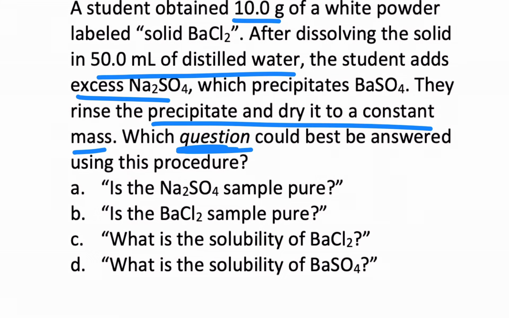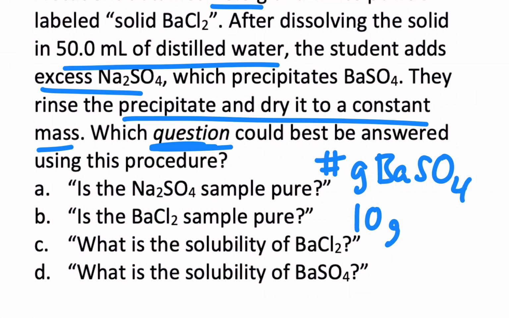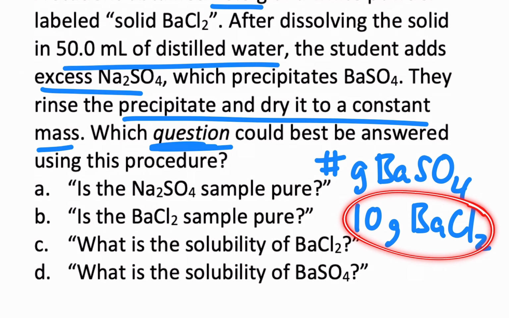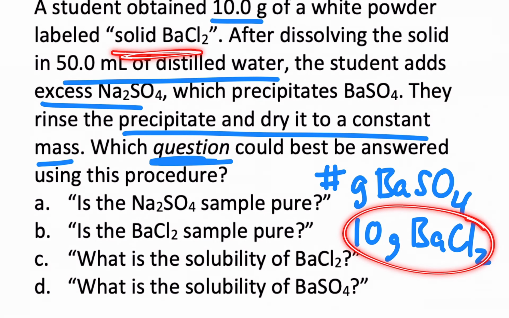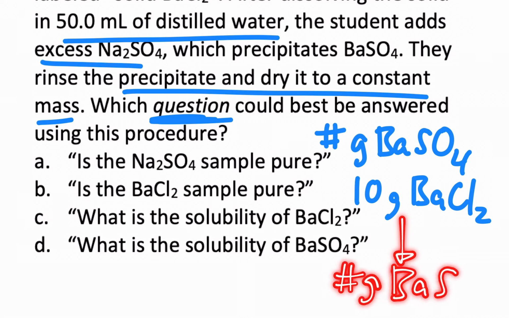Well, let's think about what they've got. They're making some mass of barium sulfate, and they get that number. And then they know the 10 grams of the original substance. So if this is a pure barium chloride sample from the beginning, they would actually be able to calculate how many grams of barium sulfate they get as a precipitate.